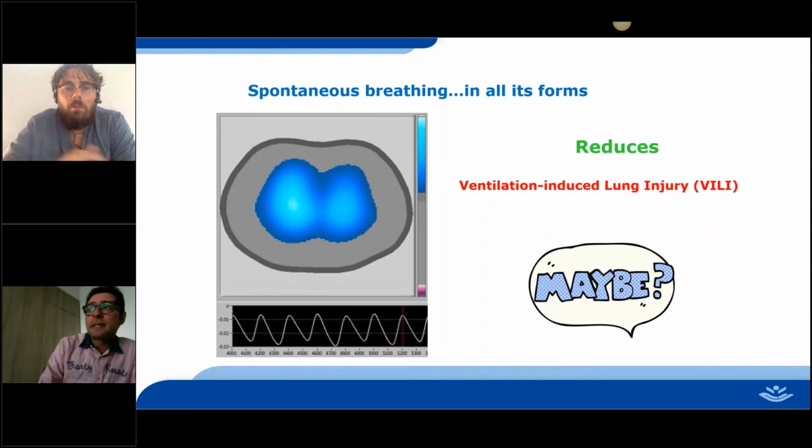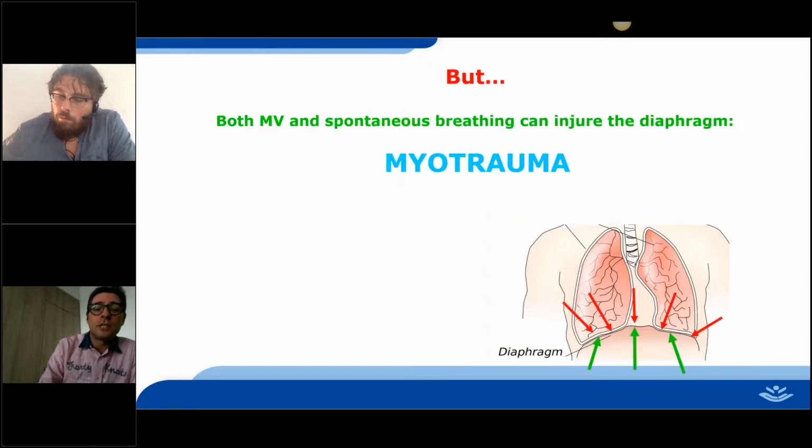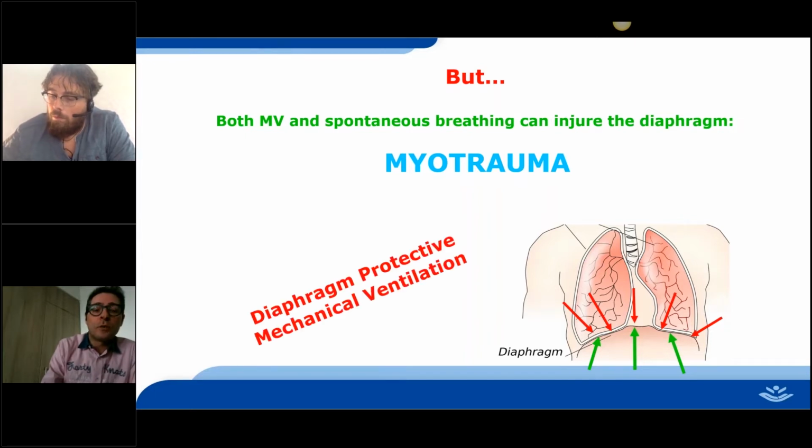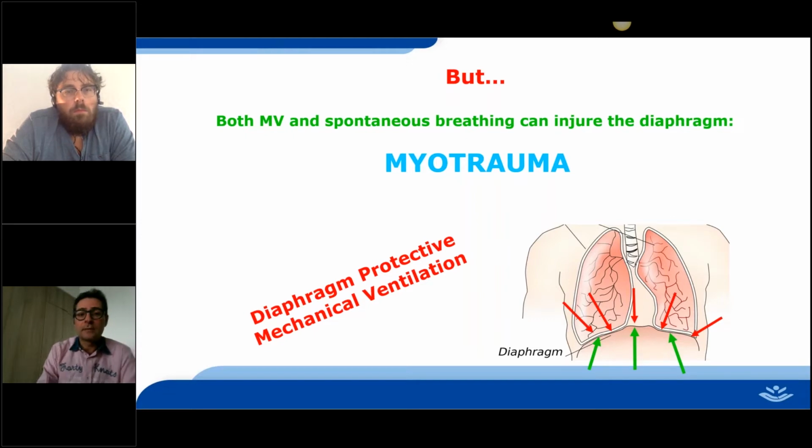Another important aspect that we learned recently also in children is that both mechanical ventilation and spontaneous breathing can injure not only the lungs but also the diaphragm, what we call myotrauma. This being so, it is nice to introduce what we call diaphragmatic protective mechanical ventilation. Our goal in ECMO is not only now to protect the lungs, but also to take into account the diaphragm and the muscles. We will go through this now with this topic.